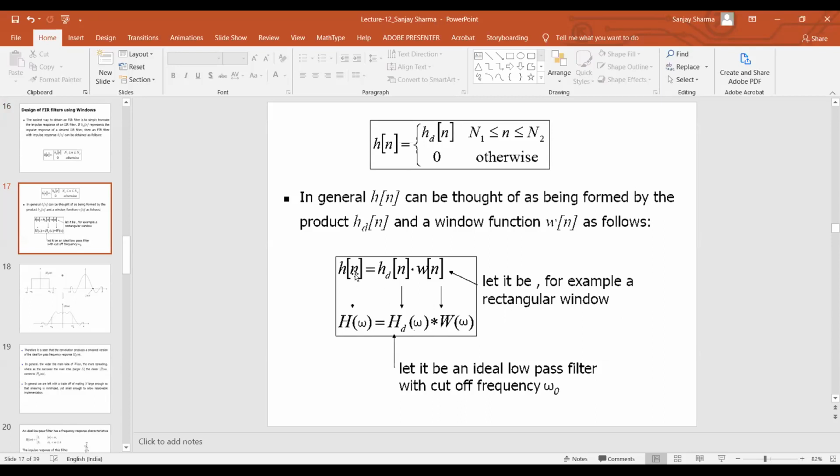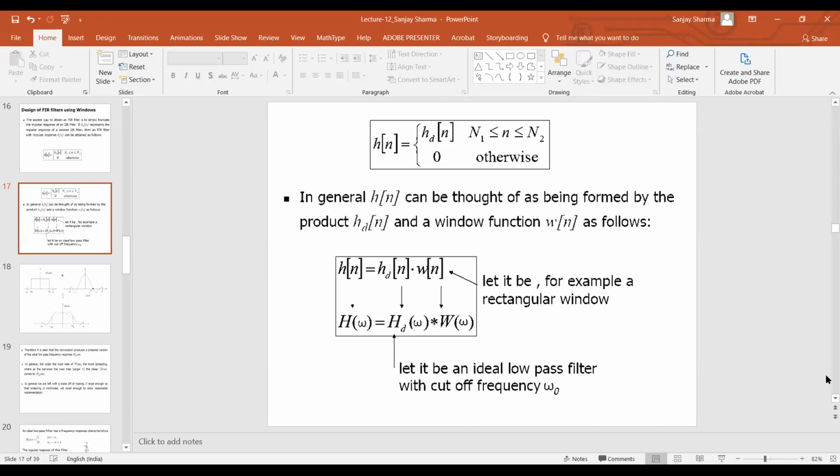What is h[n]? h[n] is the impulse response of the FIR filter. What is hd[n]? hd[n] is the impulse response of the infinite IIR filter. w[n] is the truncation. That means we are applying the truncation through this window, and as an example I am using a rectangular window. If I take the Fourier transform, because I am multiplying here, it will become convolution in the frequency domain.